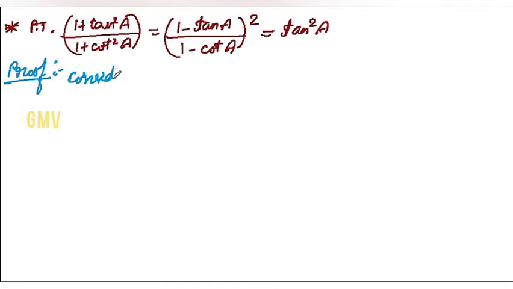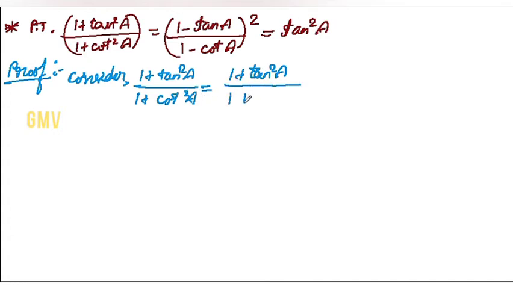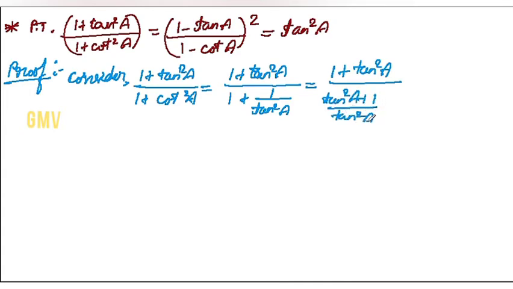Consider 1 plus tan square A by 1 plus cot square A. It is equal to, I will write 1 plus tan square A in the numerator as it is, 1 plus tan square A whole divided by 1 plus, I will write cot as 1 by tan, so we get 1 by tan square A. So in the next step, write as it is the numerator 1 plus tan square A by, here take the LCM of tan square A, so we get tan square A plus 1 whole divided by tan square A. It is equal to, see here, if we take the reciprocal of the denominator, when you get the multiplication sign, then 1 plus tan square A and tan square A plus 1 get cancelled.